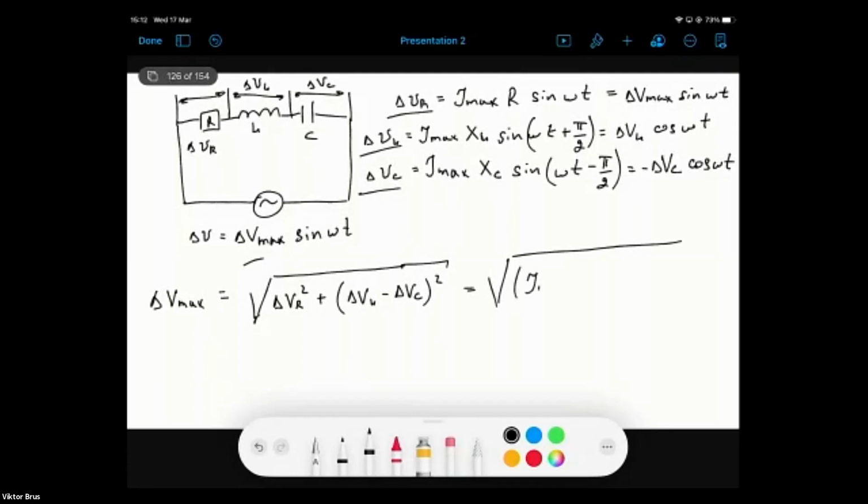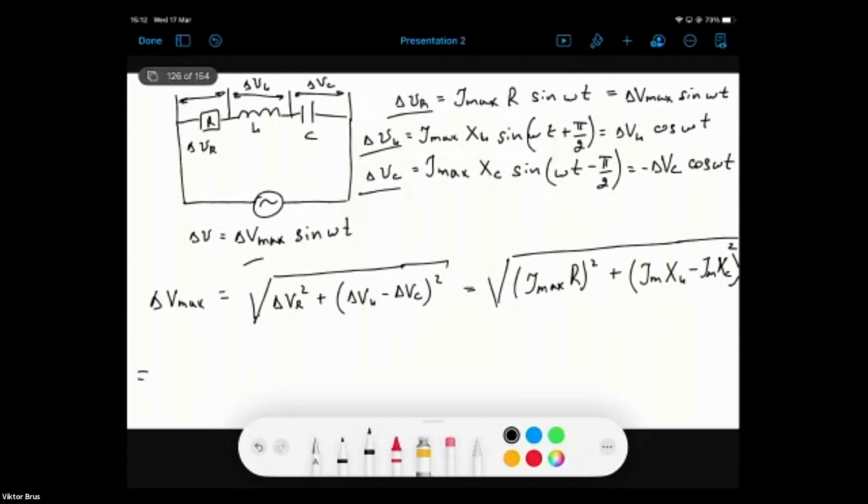Here is I maximum times R square plus I maximum XL minus I maximum XC, and this is square.